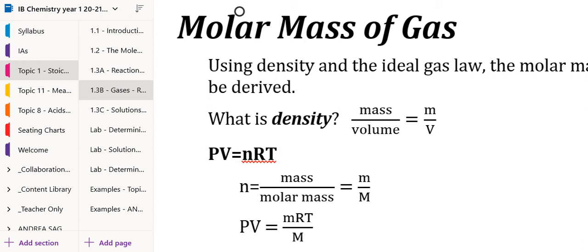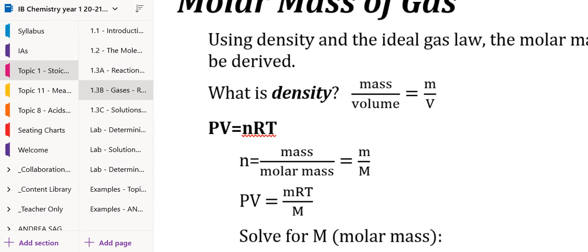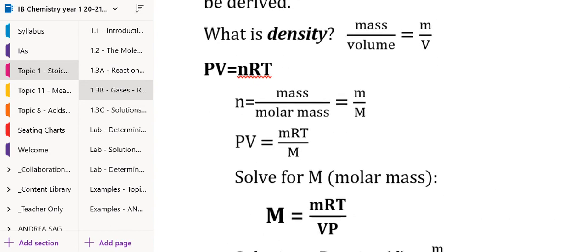Yes? Okay? And then we're going to rearrange to solve for molar mass. So we're going to get big M by itself. Multiply both sides by big M and divide both sides by P times V. So we get molar mass of a gas equals mass times R, universal gas constant, times T, temperature, divided by V, volume, times P, pressure.